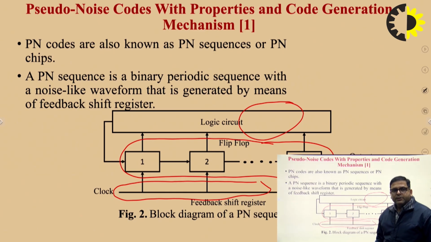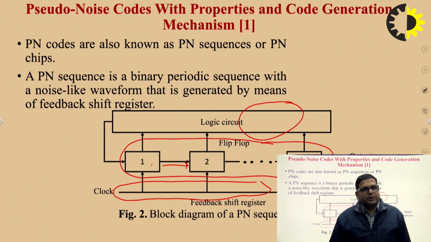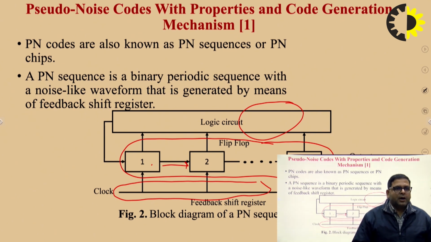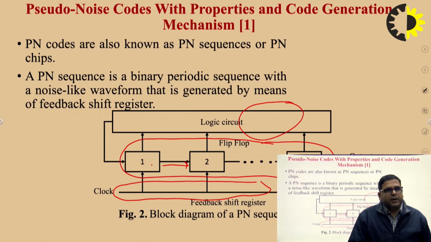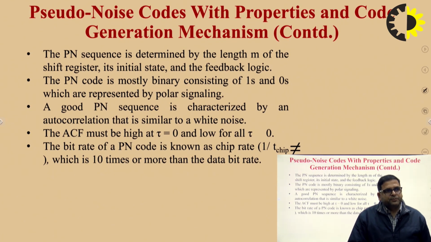When the clock changes, the content of one flip-flop goes into the next flip-flop, and at each cycle the logical expression is computed and its outcome is fed into the first flip-flop. In this way, we generate a binary periodic sequence known as the PN sequence.